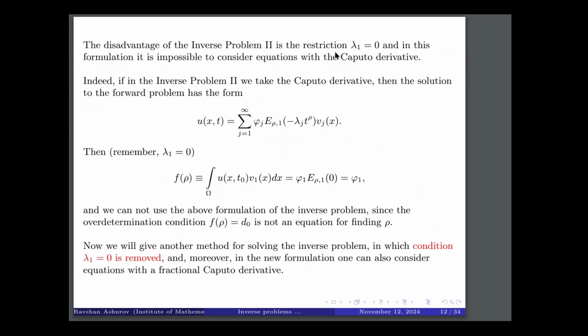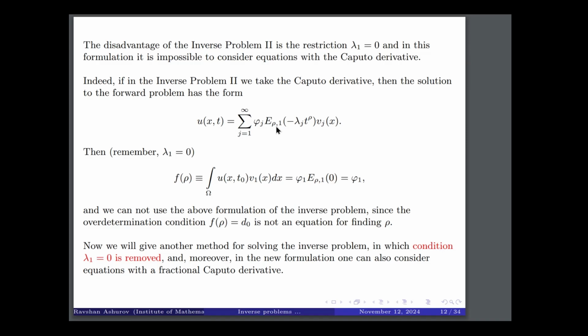First of all, lambda 1 must be equal to 0. And secondly, with this method, we cannot solve this problem with the Caputo derivative. Indeed, if we consider the inverse problem with the Caputo derivative, then the solution will have the following form. And after multiplying by V1 as above, we have this result.